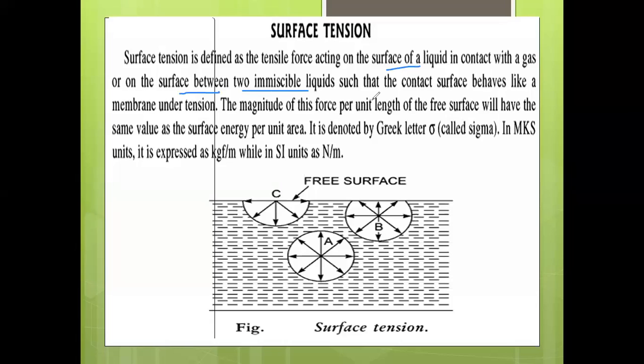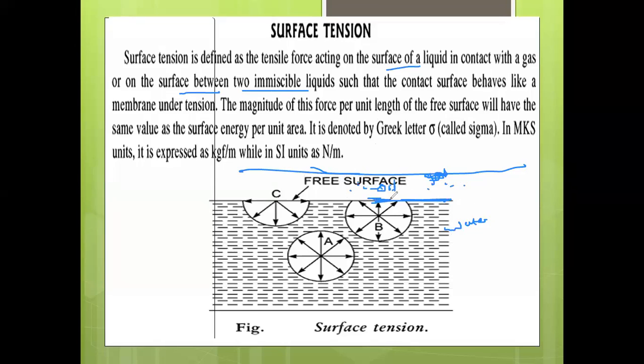Okay. This surface tension phenomenon acts when the surface of any liquid is coming in contact with gas, or if it is coming in contact with the surface of another liquid. Okay, for example, this is water and there is another layer here of oil.